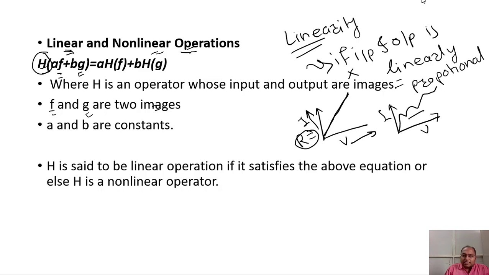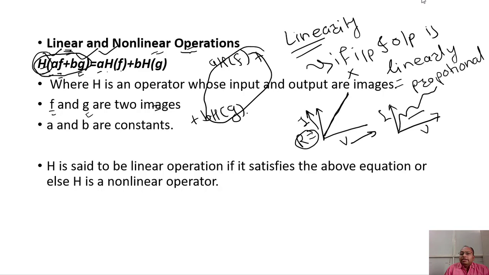If it satisfies this condition, let us say a of H of F, that means if I perform operation H on the particular image F, and also perform operation H on image G, and the results are exclusively obtained and then added together, and if I get an image like this, then we can say it is a linear operation.